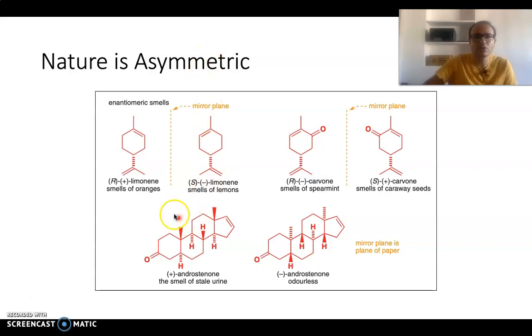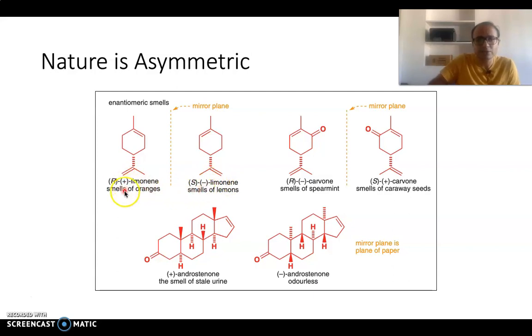For example, if you look at limonene, this structure has one chiral center present at this particular point. So we have two different enantiomers of limonene given here. One is the plus and one is the minus form.